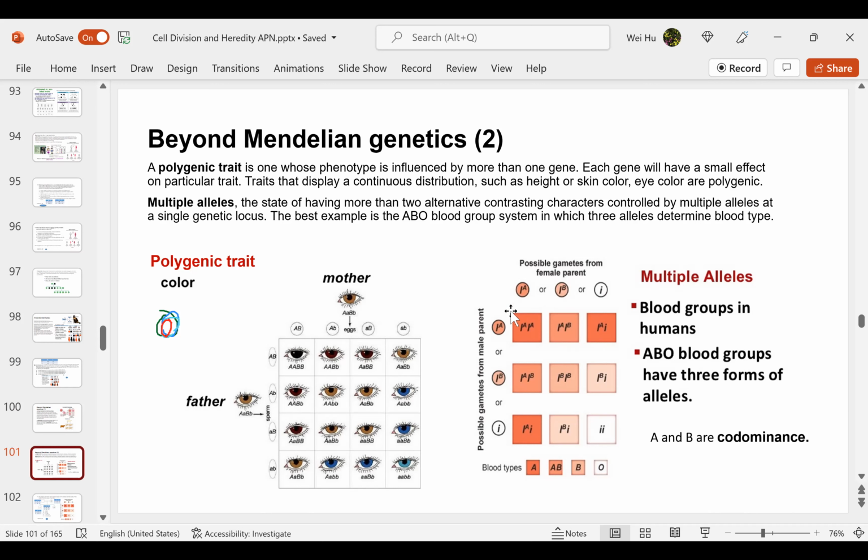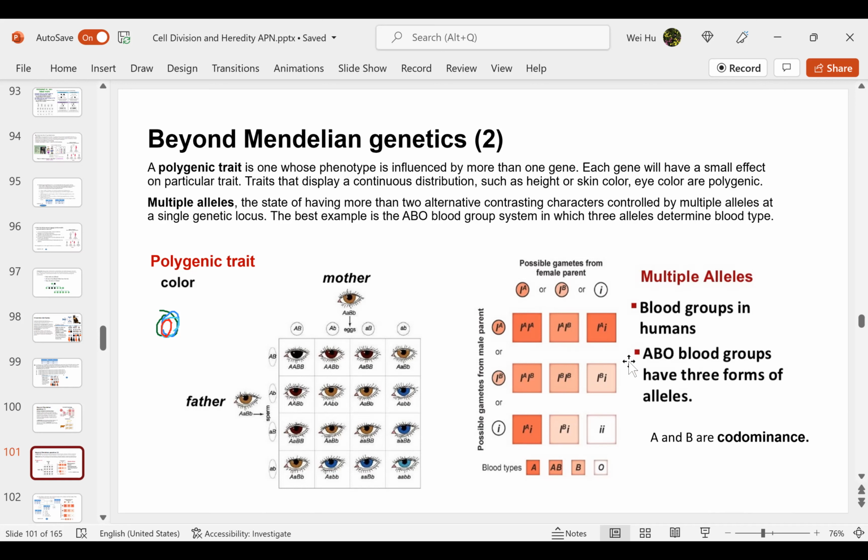You also have multiple alleles, but multiple alleles is only controlled by one gene. Each gene, we said, is fixed. You only have 2 alleles at a time. Now an example of multiple alleles in our body is ABO blood.